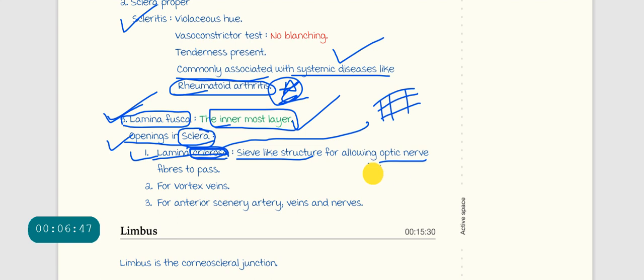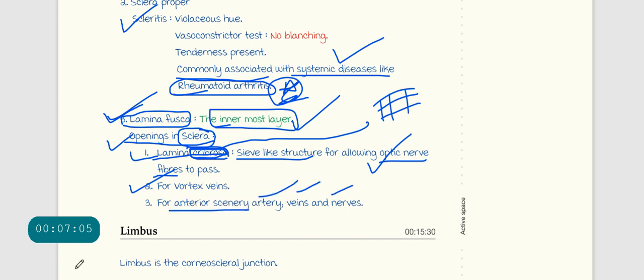What other structures can we see? We can see the vortex veins and the anterior ciliary arteries, veins and nerves. These are the structures we can see.